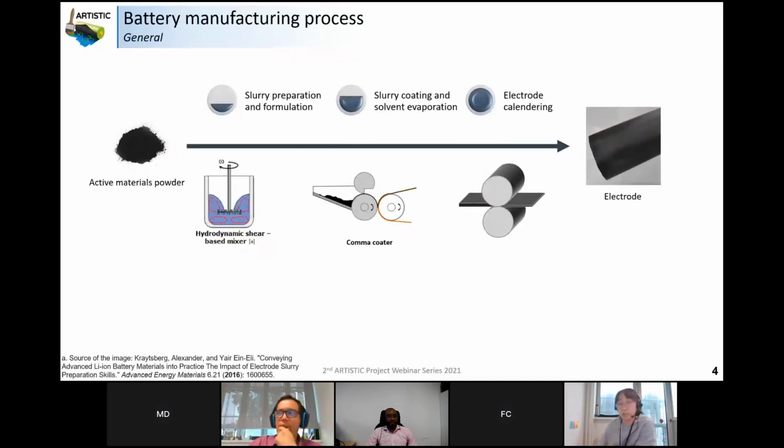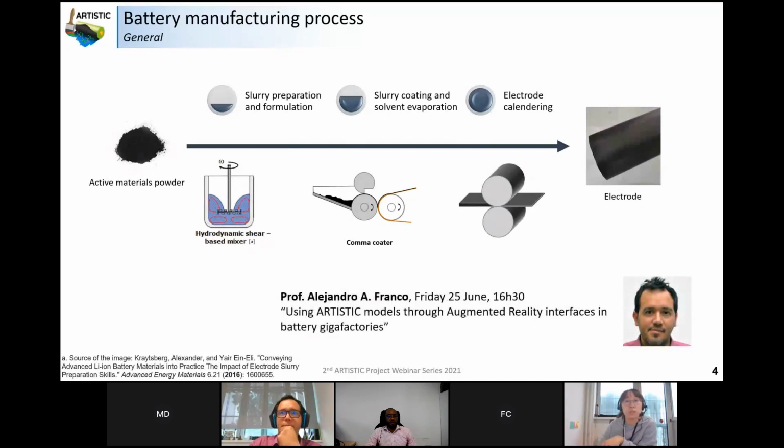For the electrode preparation process, an innovative virtual and augmented reality software is developed for immersive and interactive data visualization and simulation. This will be introduced in detail by Professor Alejandro Franco on Friday afternoon.